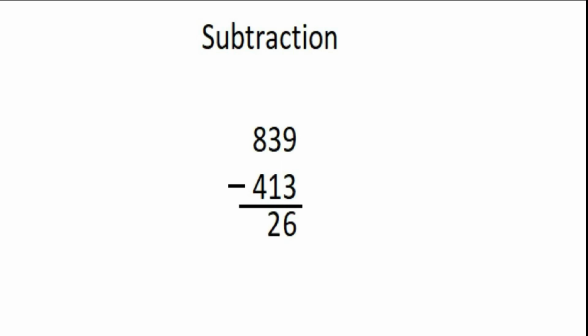The hundreds column is the next column to subtract in. 8 minus 4 is 4, making our answer 426. 839 minus 413 equals 426.